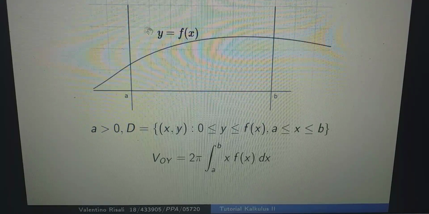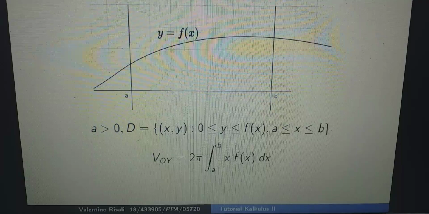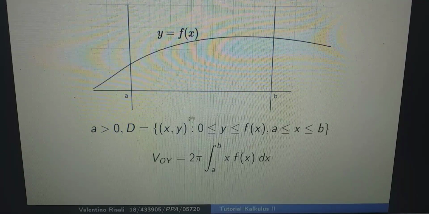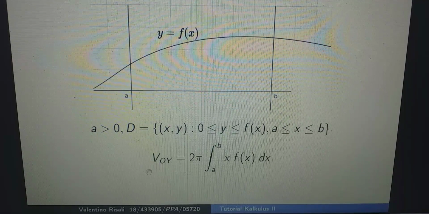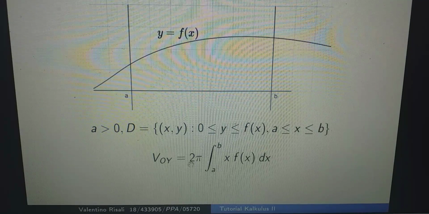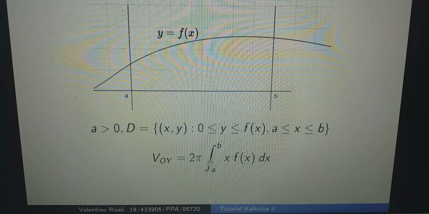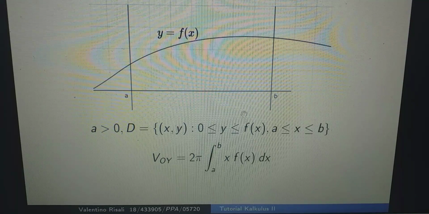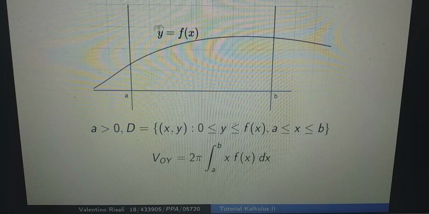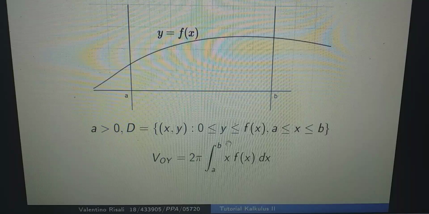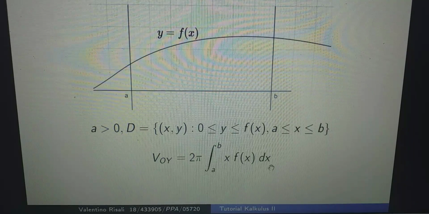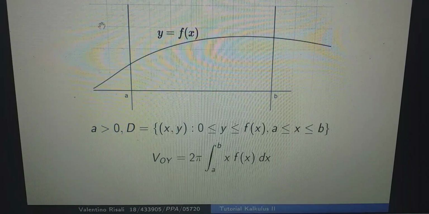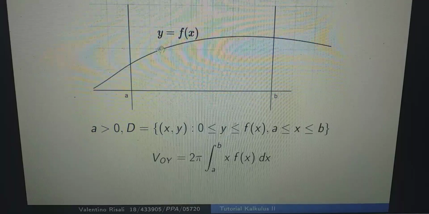By the cylindrical method, the volume about the y-axis equals 2 pi times the integral from a to b of x times f(x) dx. So we can still use dx when we revolve it about the y-axis.